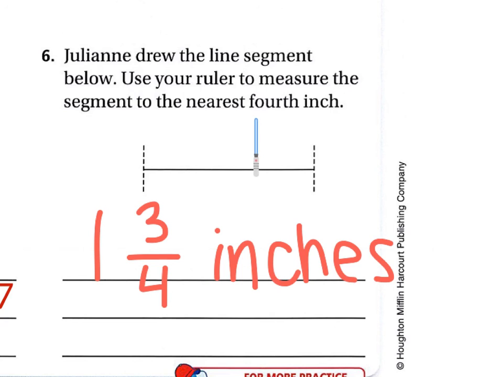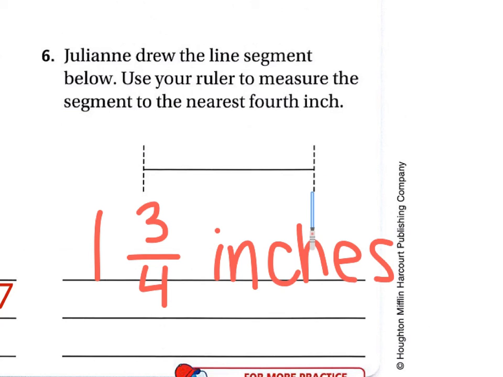Since it says we want to measure to the nearest 1/4 inch, we definitely want to be on the right side of the ruler. We want to line the beginning of the ruler up with this dotted line right here. Now when I line it up, I look down my ruler and I find the mark that this dotted line hits. If you need to do the box in trick, you can.